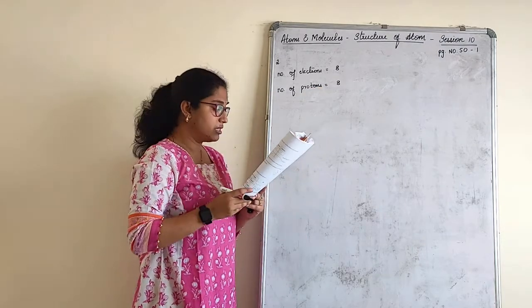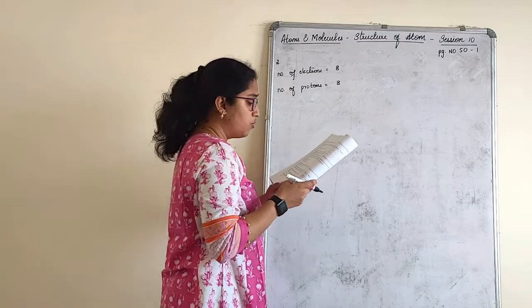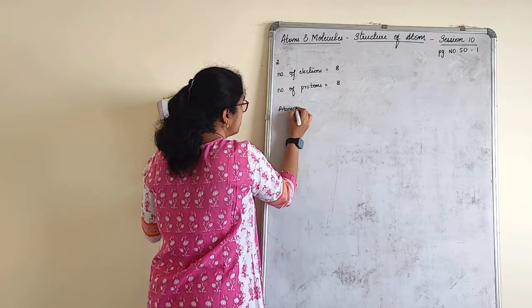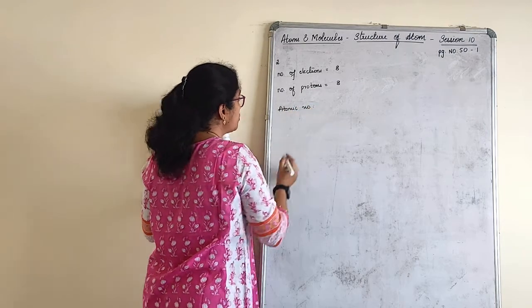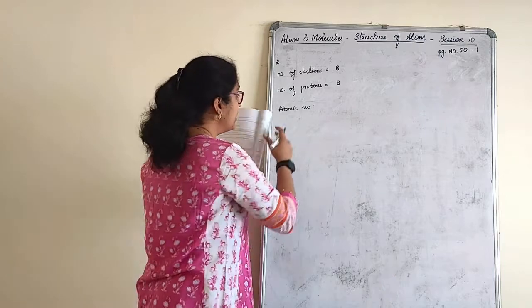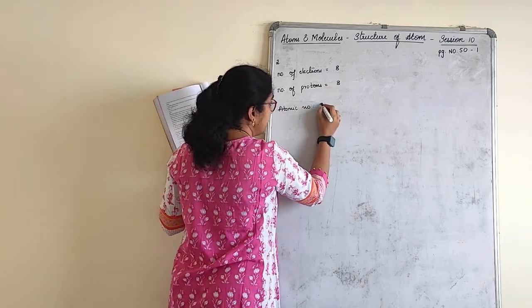Electrons are equal to protons. Number of protons are also 8. What is the atomic number? To confuse you, they have given you protons also, because you can say 8 plus 8, right? But no. Atomic number are nothing but 8.